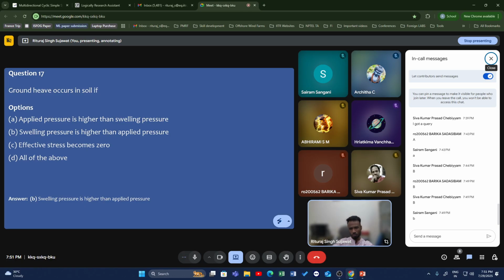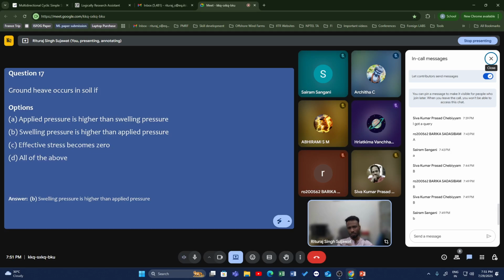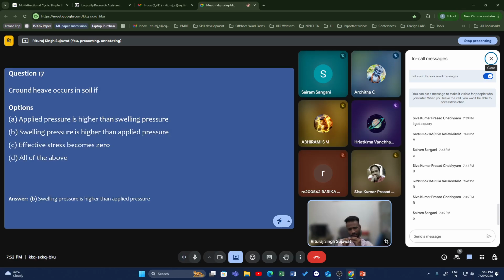If your soil were capable of swelling, there would be an increase in volume, but since the applied pressure is more, it leads to the increase in the whole soil mass. So instead of increasing the volume of each soil particle, your whole soil matrix is rising due to the applied pressure. In that particular case, your ground heave occurs.